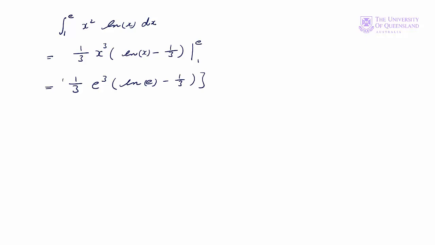Put a big bracket around that, minus 1/3 times 1 cubed, bracket, log of 1 minus 1/3, bracket, another big bracket there. That's 1/3 e cubed. Log of e is 1.